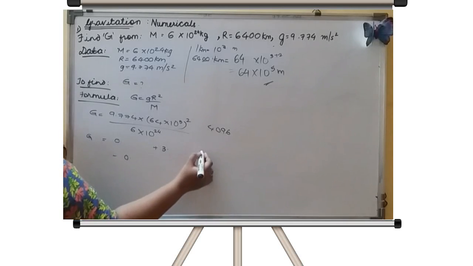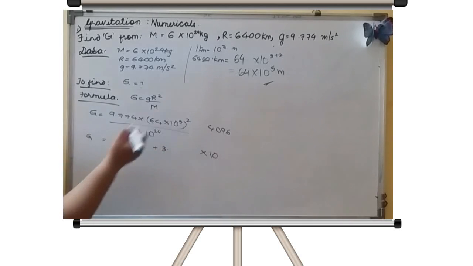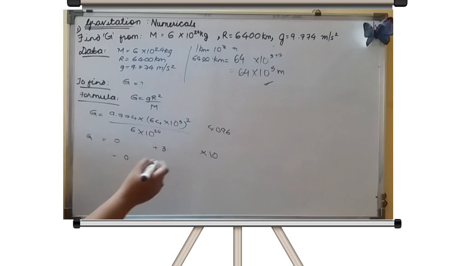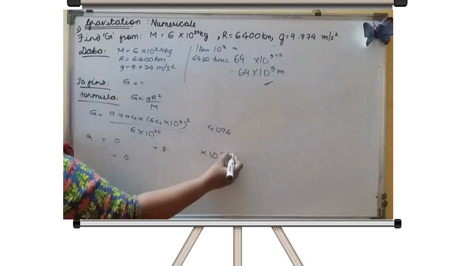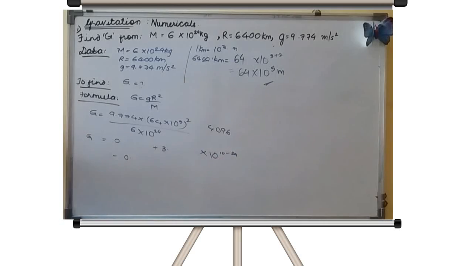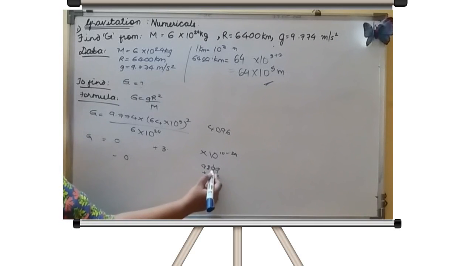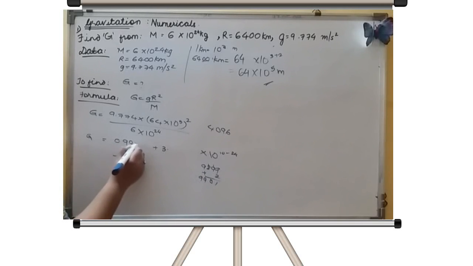Our powers are 10 raised to 5, raised to 2 is nothing but 10, and this will go up, so this will become minus 24. 9899 plus 2. This is 9901, and we have to see in the log table.